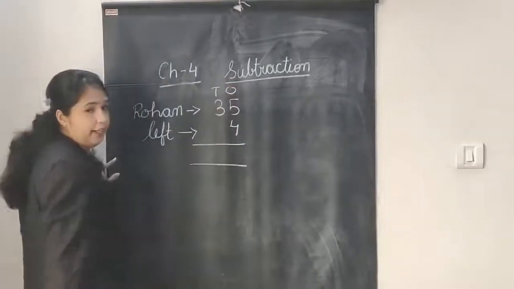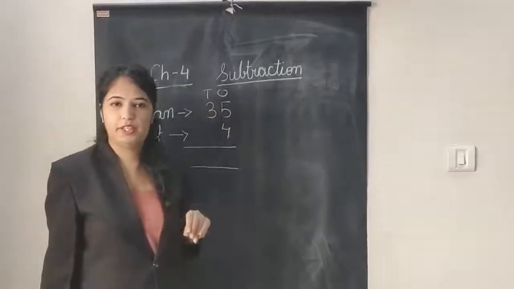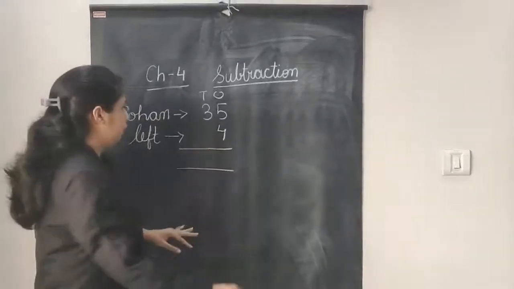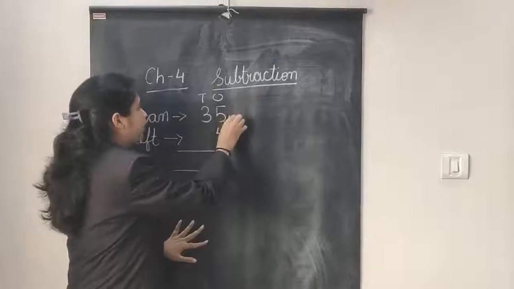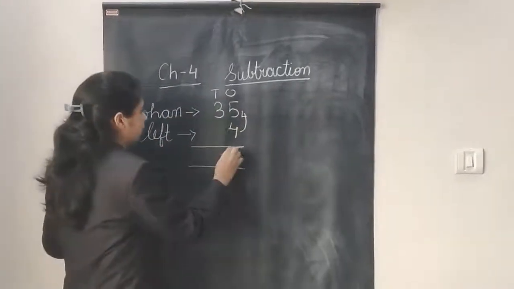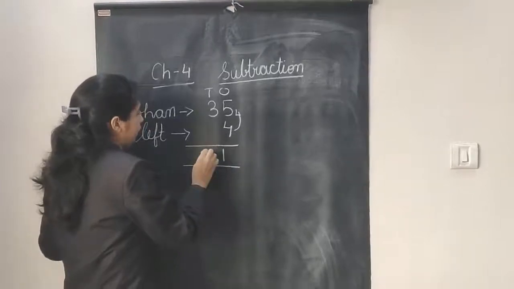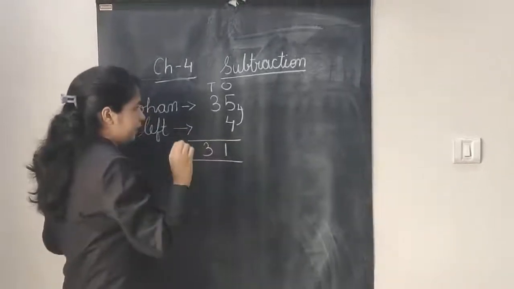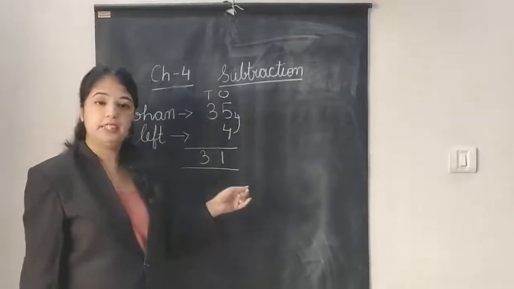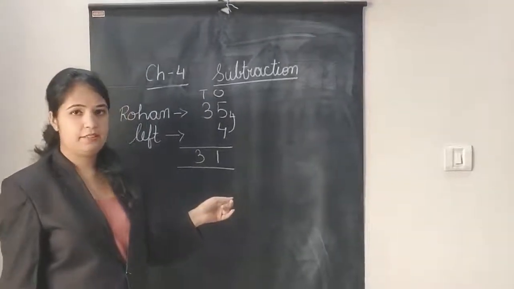So we have to find out how many he distributed in the class. So first of all, 5 minus 4. After 4 till 5, 1. We will bring 3 as it is down. So he distributed 31 candies in the class.